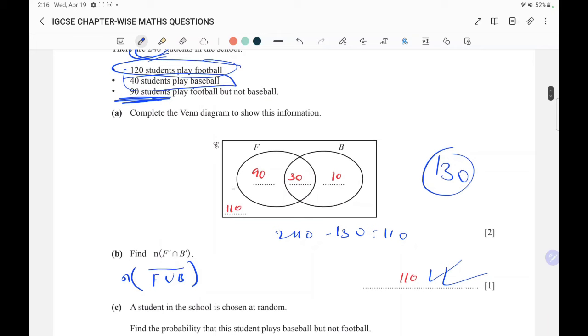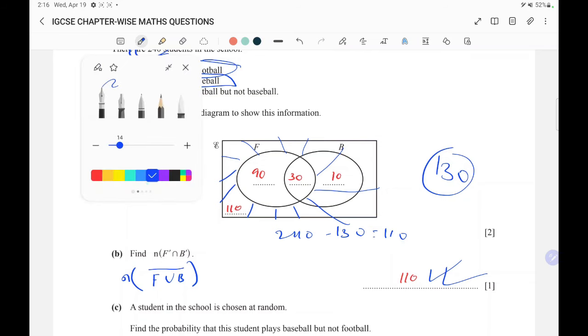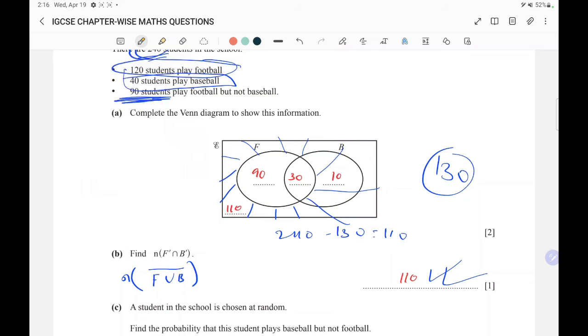F complement means outside of F. Then B complement, outside of B. Now it is common of blue and yellow.